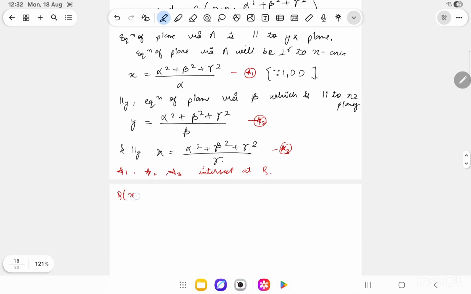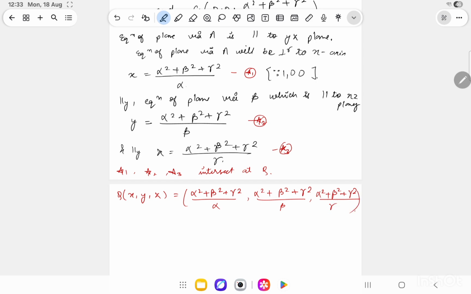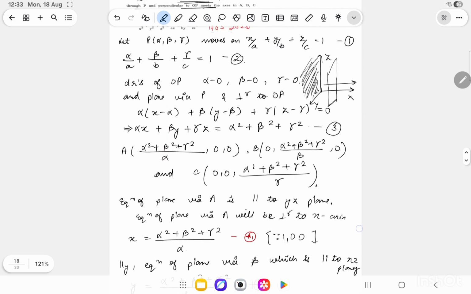So I can easily calculate the coordinates of Q. Q (x, y, z) will be equal to (alpha square plus beta square plus gamma square upon alpha, alpha square plus beta square plus gamma square upon beta, alpha square plus beta square plus gamma square upon gamma). So this is my Q point where these three planes intersect.